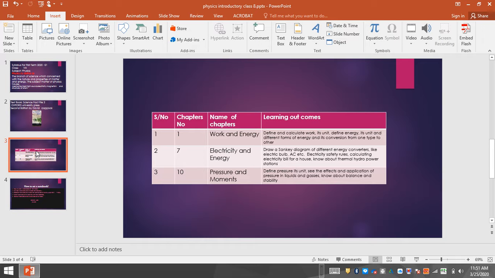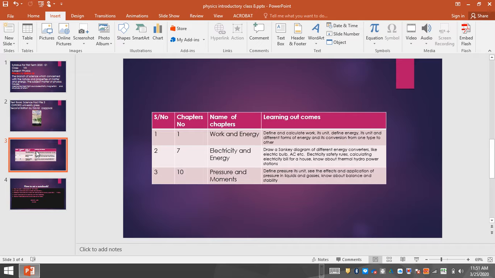You will be able to define pressure, what pressure is and what units we use to calculate it. See the effects and applications of pressure in liquids and gases, because the same pressure you will observe in liquids and in gases, and what applications we use in our daily life.